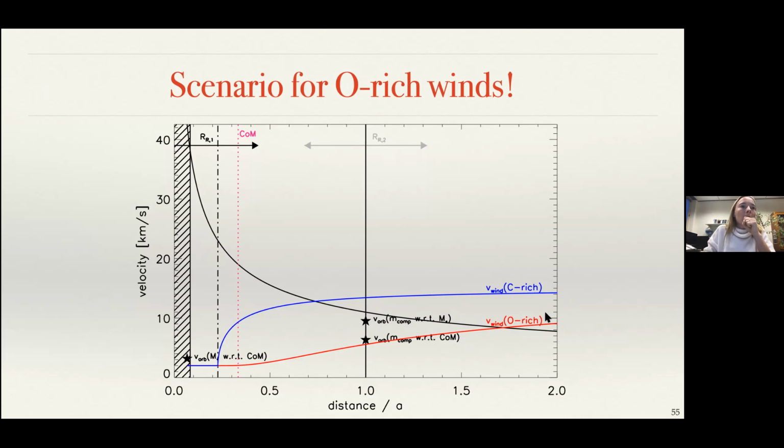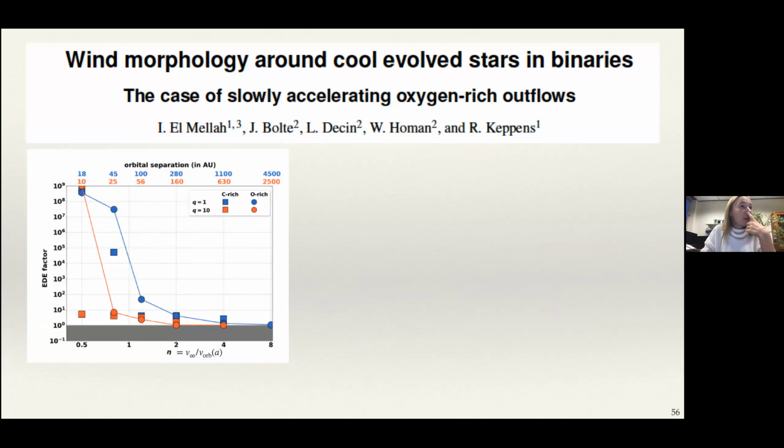While for the oxygen-rich winds, you will see that here in this region where the companion resides, it is much more complex. It will feel much more the interaction of that companion since they just have this very low speed. Well, I can tell these ideas, but then luckily I have a great team that takes these ideas and turns them into very nice three-dimensional simulations.